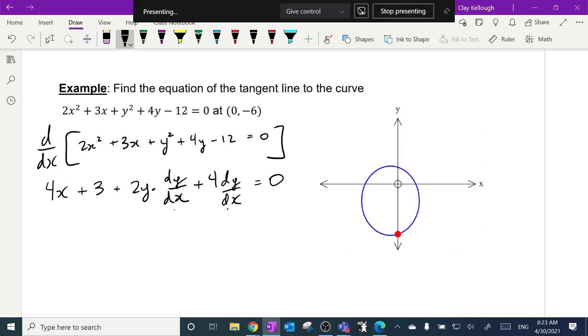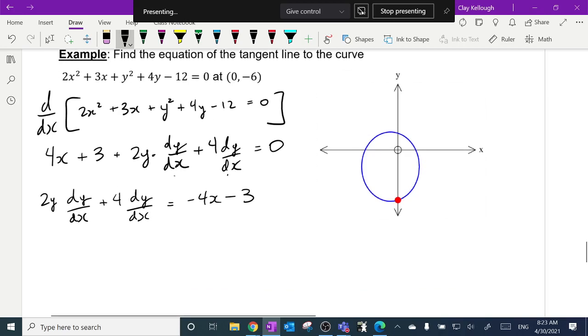So I'm going to isolate the equation for dy/dx. I will leave the two things that have dy/dx on one side of the equation, and I'll move the other two parts that don't have dy/dx to the other side. All right, now I'm going to use my factoring.